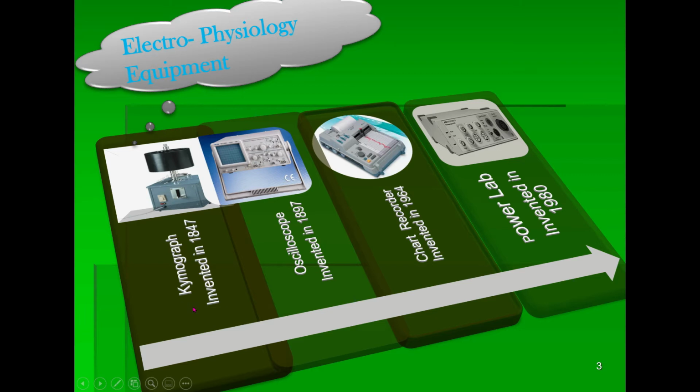However, after the kymograph, there was the discovery of the oscilloscope in 1897. With the help of this device, we can record many nerve and muscle experiments. And then the chart recorder was invented in 1964. This is quite modern equipment.